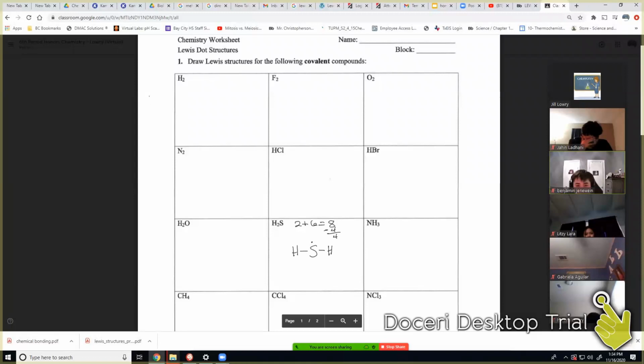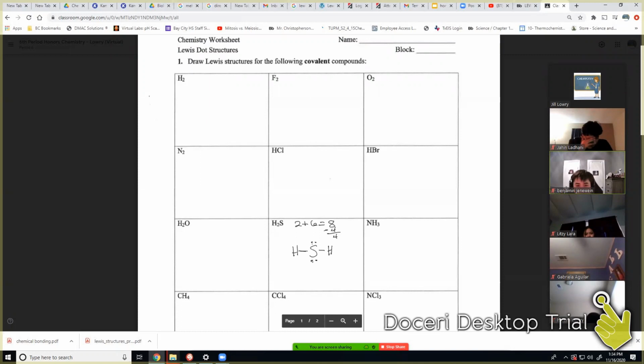So that means I can put a pair here and a pair here. That'll be all my electrons because I have 2 here, 4, 6, 8. Would that be a good structure? That's a good structure, right? Good structure because the hydrogens only need 2 and the sulfur has 8.